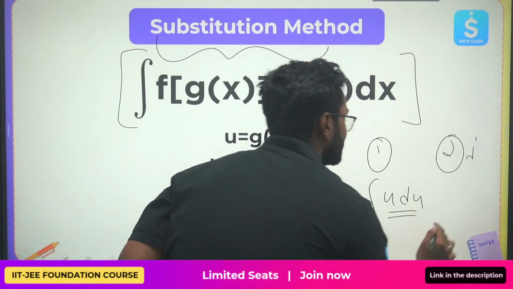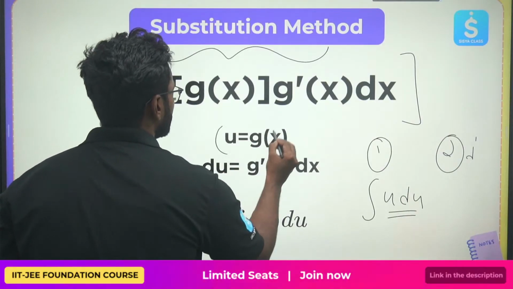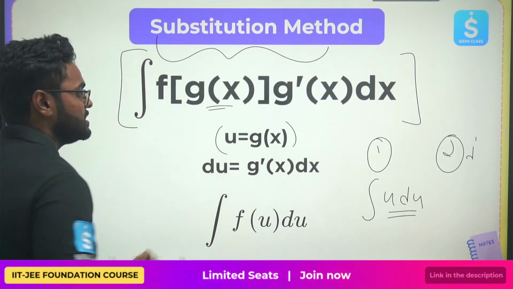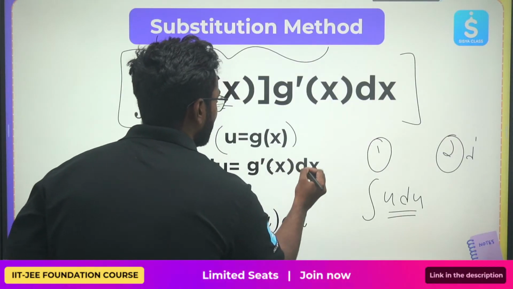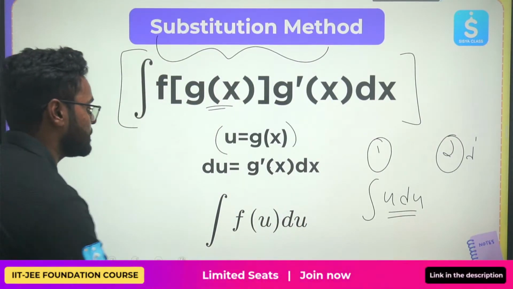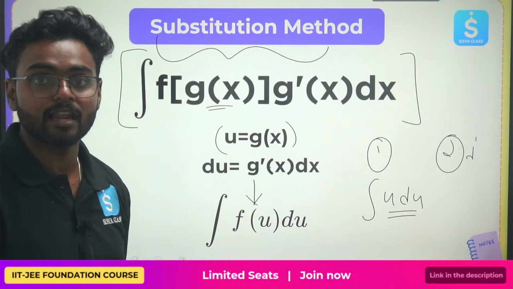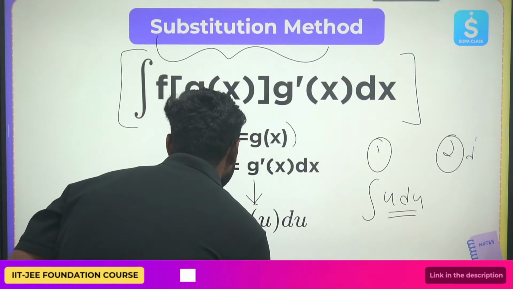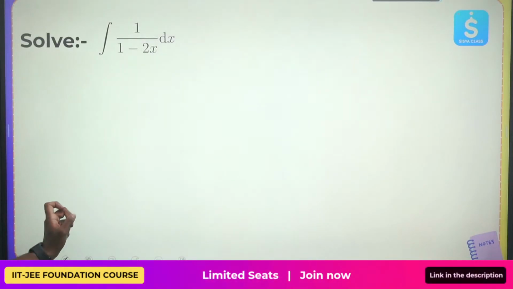For that, we'll be assuming u as some g of x, and du, which is the derivative of u, should be g dash x dx. If we substitute both of that, this would be integral f of u du, which we can easily integrate, right?